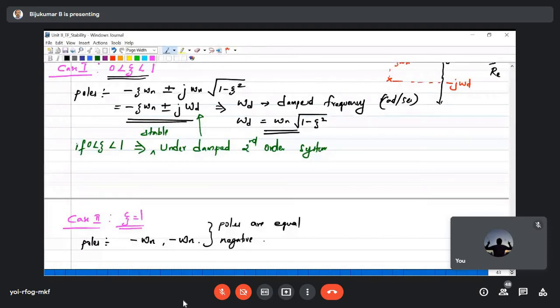So if you have a second order system and the poles are equal and only have negative real parts, the meaning is your system has zeta equal to 1. Damping is equal to 1. So if zeta is equal to 1, you can call the second order system a critically damped second order system.